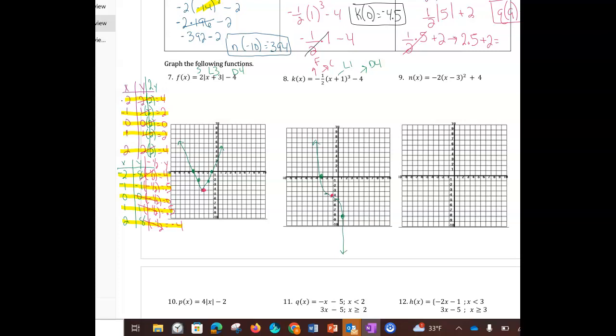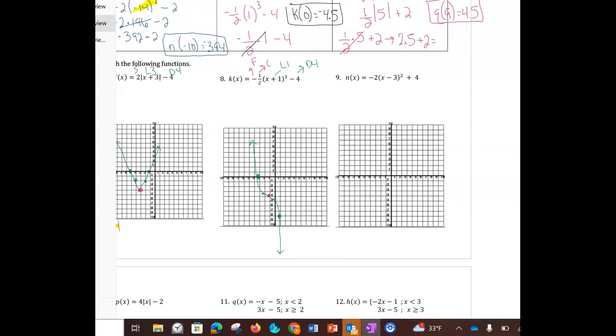All right, next one is x squared. So as far as my points go, here are my x's. And my y's will come from the fact that I'm going to square all of these numbers, which turns everything to positive if it's not. So as far as my transformations, I'm going to have a flip and a stretch.